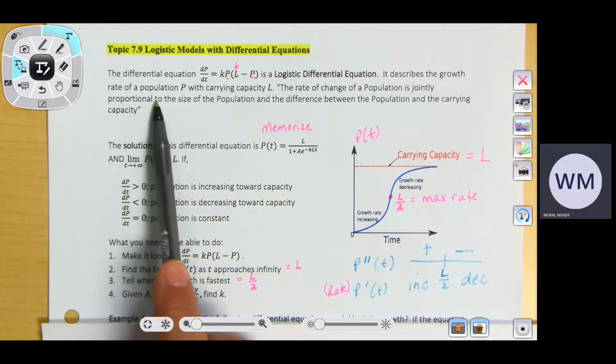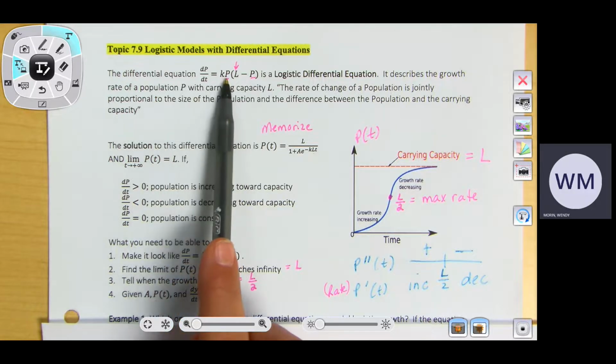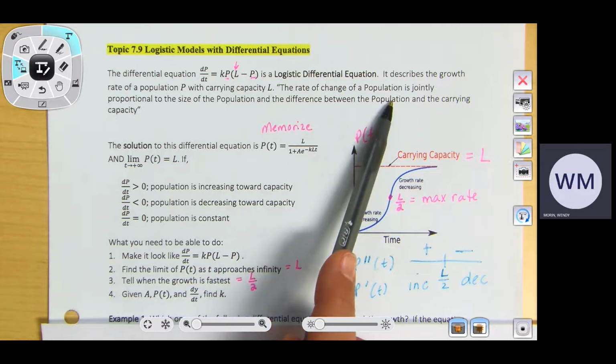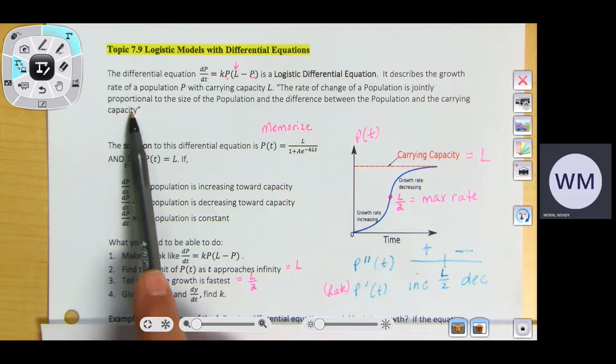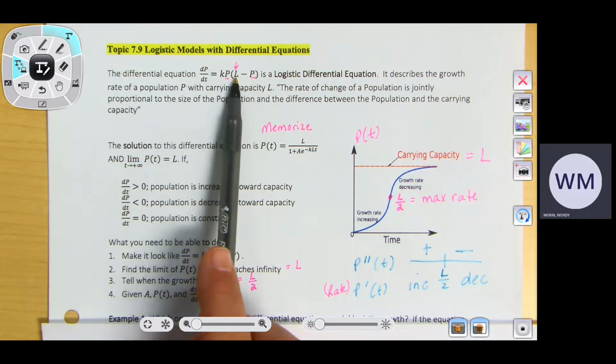Jointly, from algebra, meant to multiply. So it is jointly proportional to the size of the population, that's what P stands for, and the difference between the population and the carrying capacity. So this is the differential equation, P meaning population and L meaning limit, which is a carrying capacity.